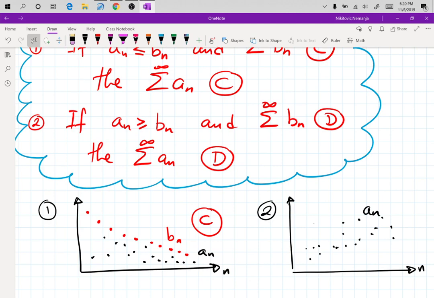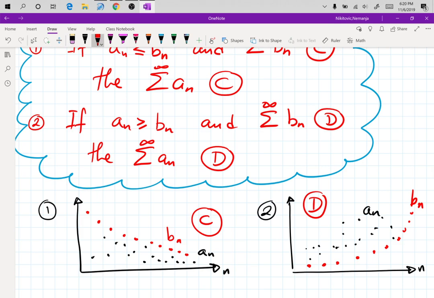You can't put your finger on it, but then you're able to find a sequence bn whose series diverges, and then that one will push the an into divergence. So those two are now represented graphically, and I hope you understand it from there.